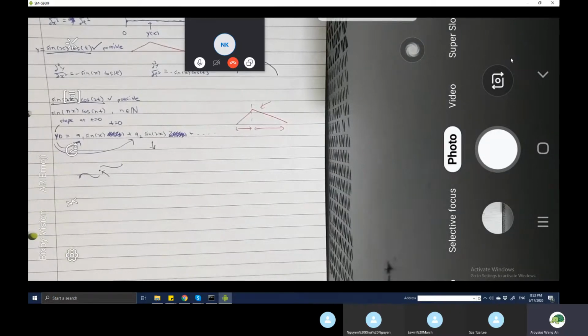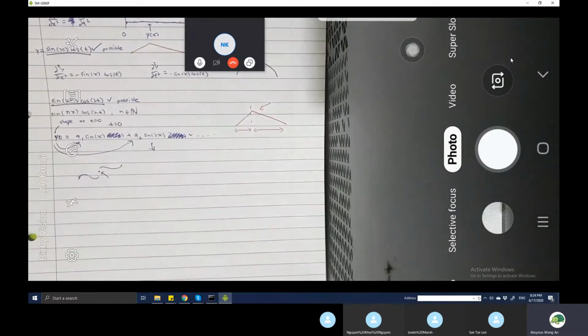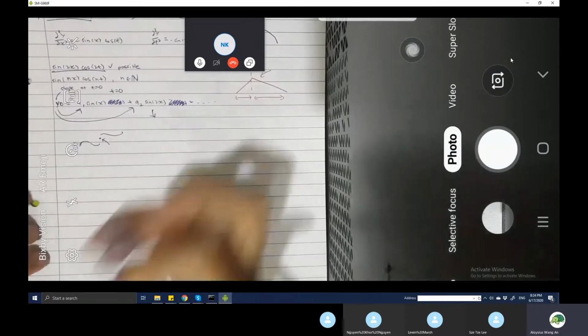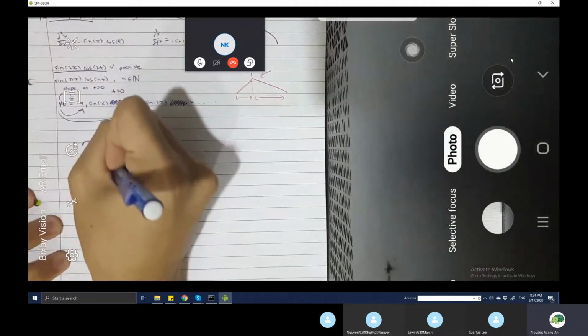So how do we actually find the coefficients of the Fourier series? That is a very interesting question, and we're going to look at it now. The way that we're going to think about this is I'm going to talk about this particular integration.